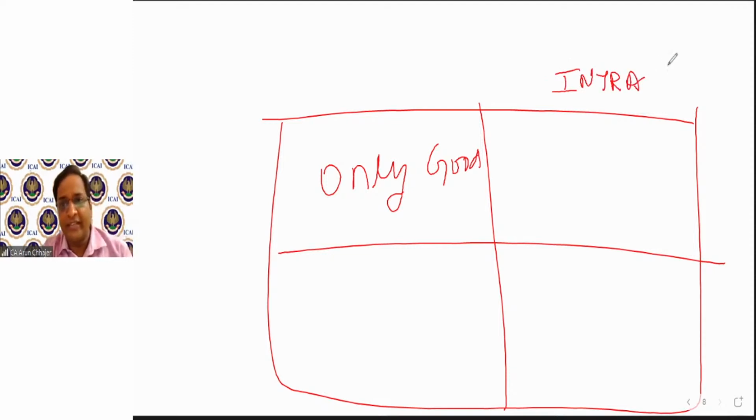What is the threshold limit for taking the registration? अगर मैं सिर्फ गुड्स की सप्लाई कर रहा हूं तो लिमिट कितनी है बच्चा? मुझे कब रजिस्ट्रेशन लेना? बहुत बढ़िया. ₹40 lakhs. Absolutely correct.